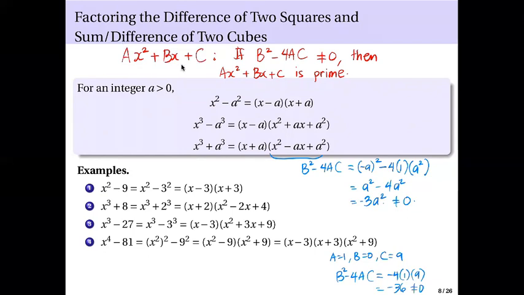You can check this guy here. This is not 0. In fact, we have checked already this guy and this guy via this formula. So definitely this guy here and this guy here are prime.